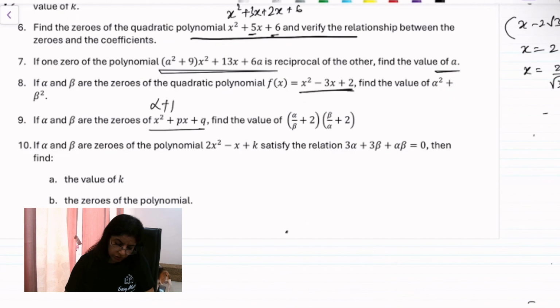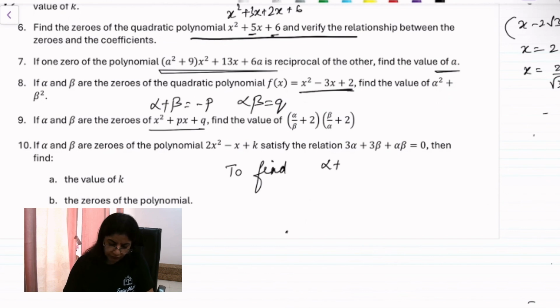So in this question, we know alpha plus beta is minus p, whereas alpha beta is q. This is what we know. And what we have to find? To find alpha plus 2 over beta, I am taking the LCM of beta before multiplication, and beta upon alpha plus 2.